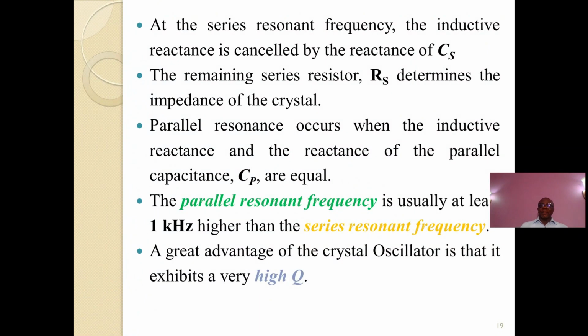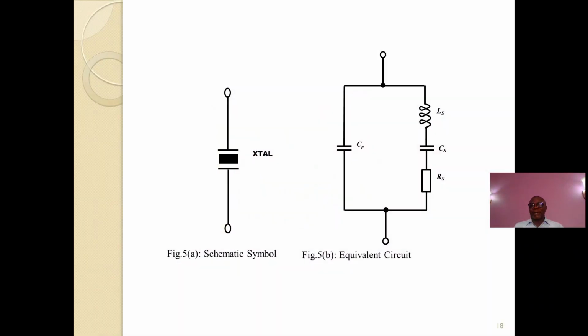Now, at the series resonant frequency, the inductive reactance is cancelled by the reactance of CS. Let's go back a bit and look at this. If you look at this Fig 5b, you see on the right is where you have the RLC circuit or component in series.